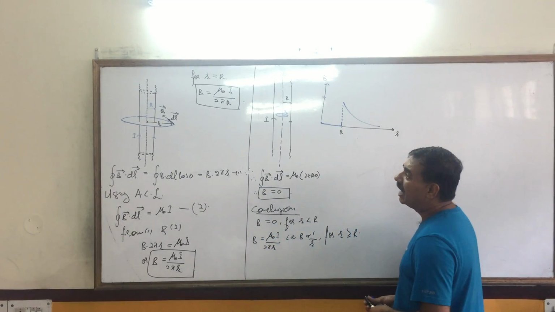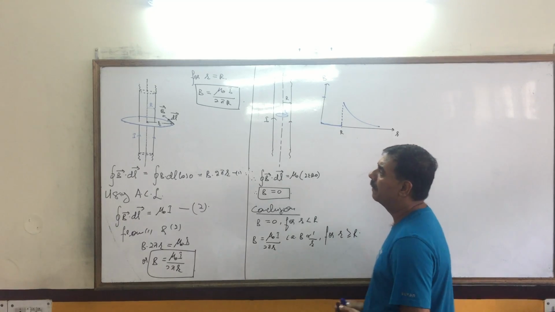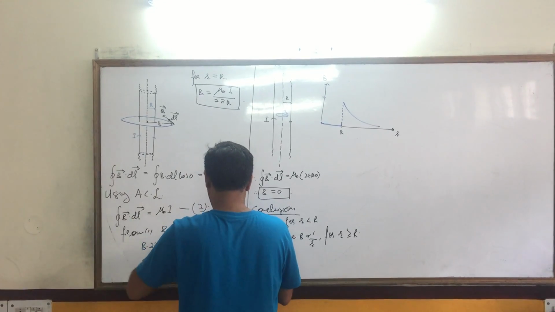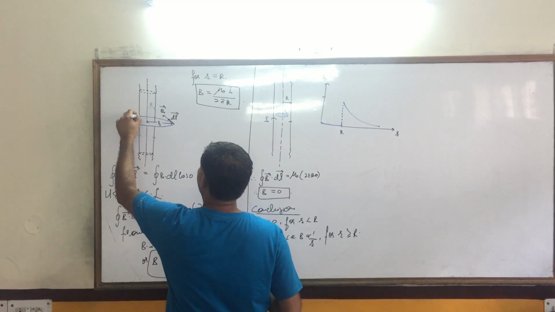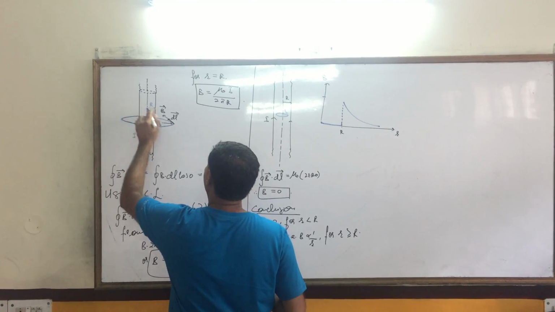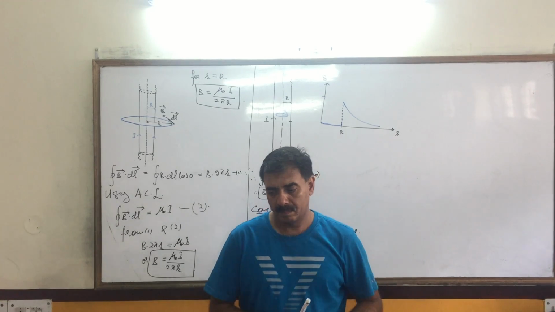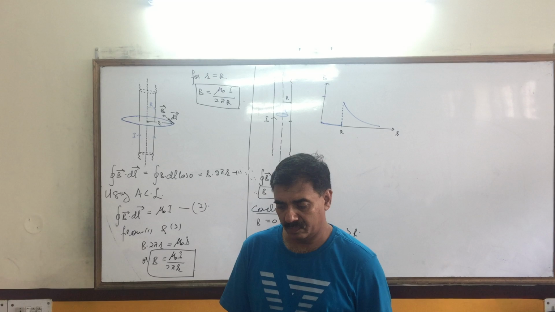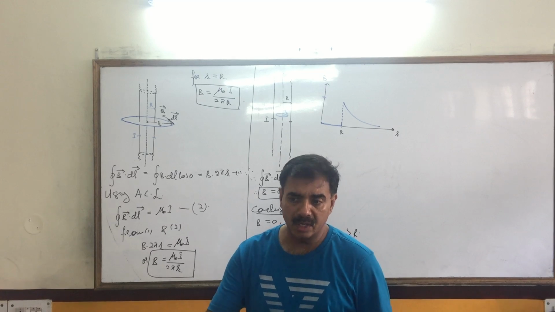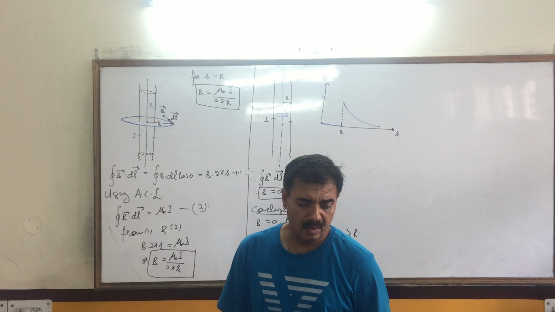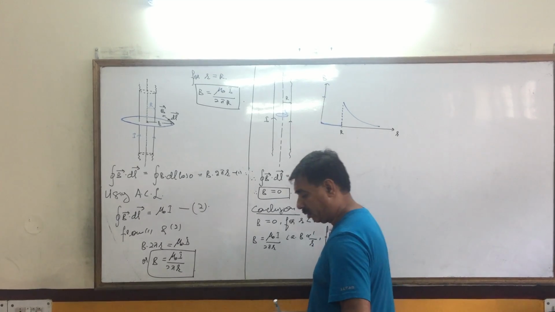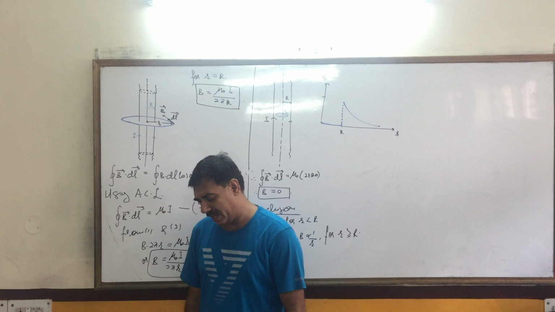Look, the magnetic field due to a solid cylindrical wire. Case: for a point outside the wire.